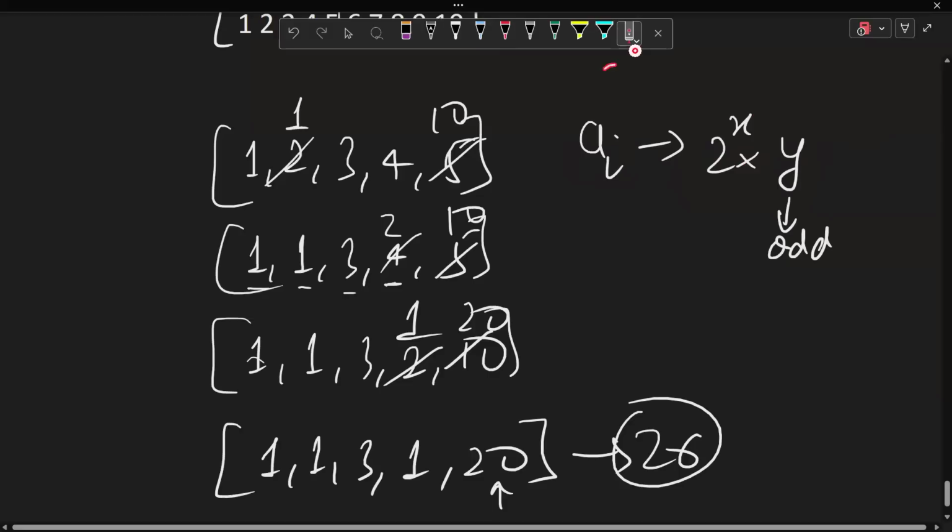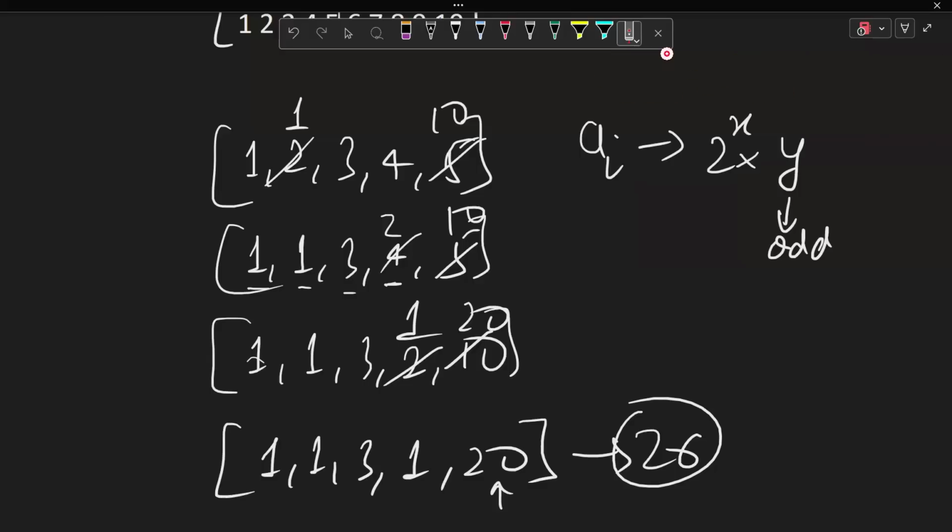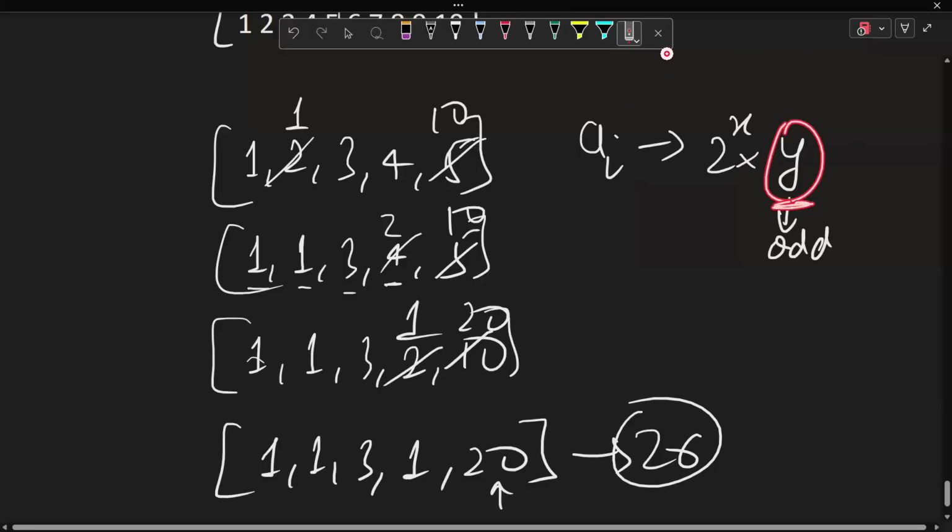You can easily compute this by dividing ai by 2 continuously. Keep on dividing until ai becomes odd. The final ai that it becomes is your y, and the number of times you divided, you count and store as your x. So first just store every number in this form.